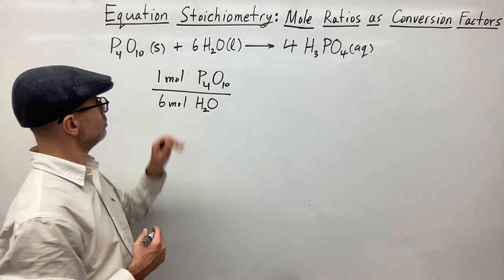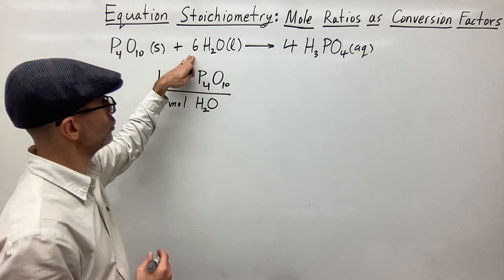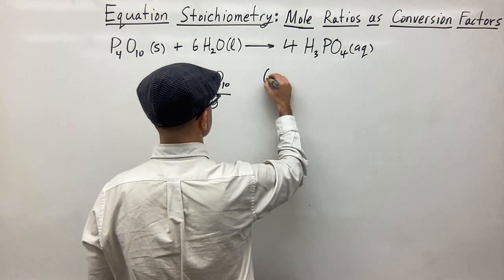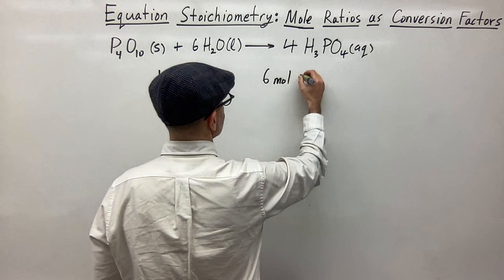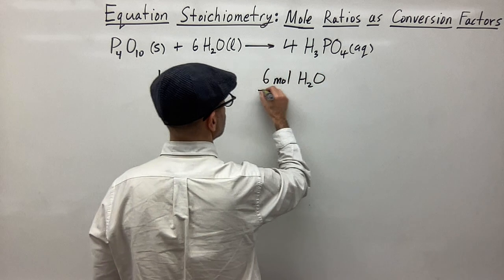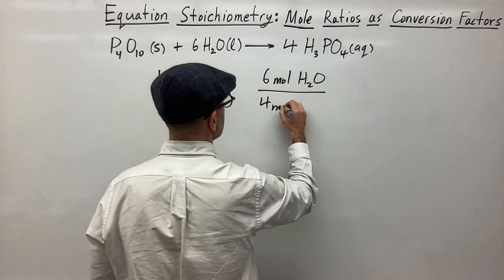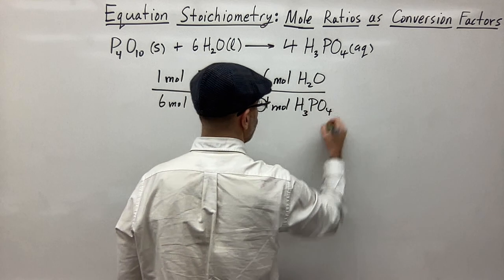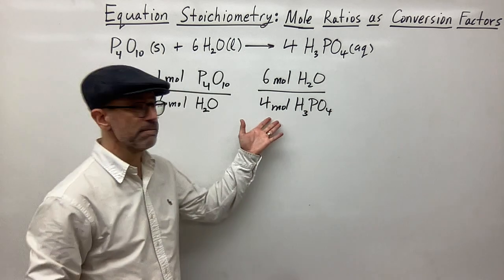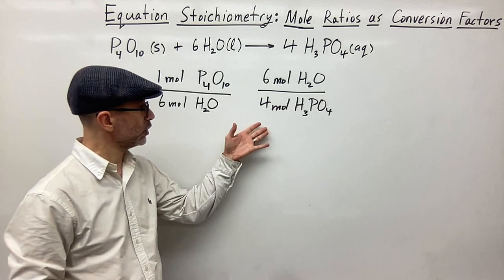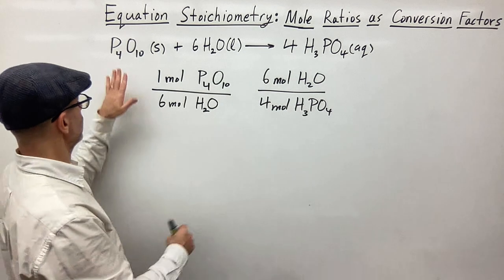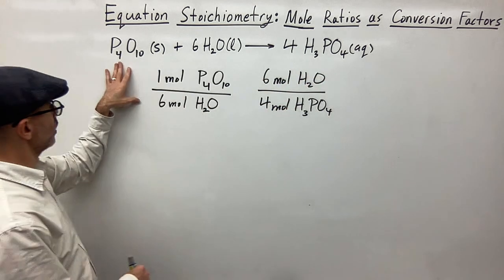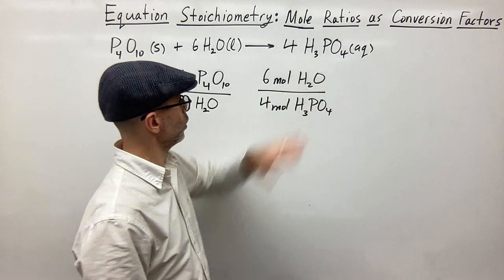Or I could do 6 moles of water to 4 moles of H3PO4. So I can write 6 moles of water to 4 moles of H3PO4. Okay, so there's another mole ratio I could use. Another one would be if I relate this substance to this substance. 1 of these will produce 4 of these.